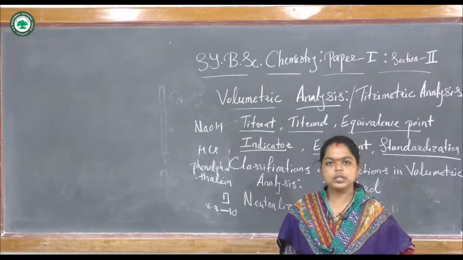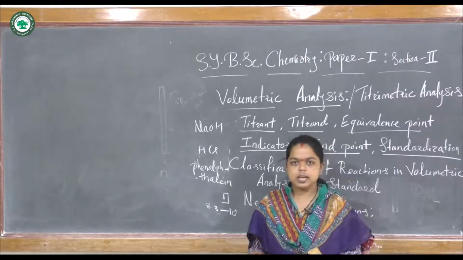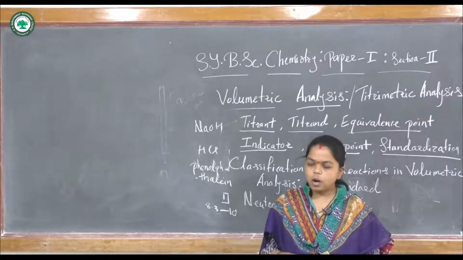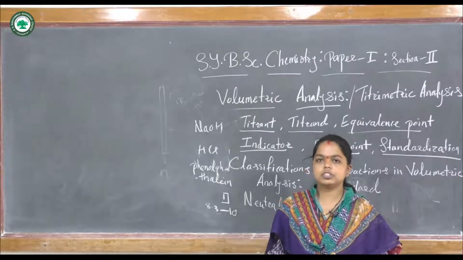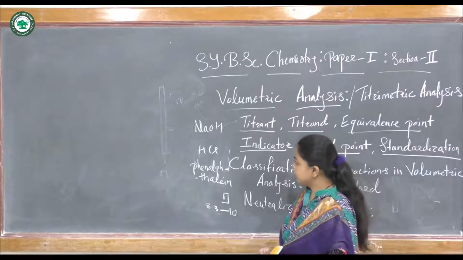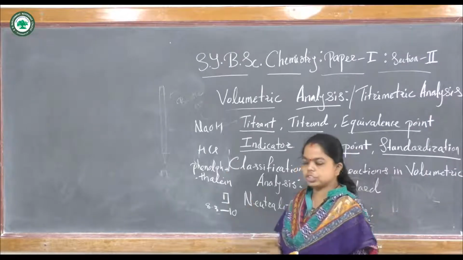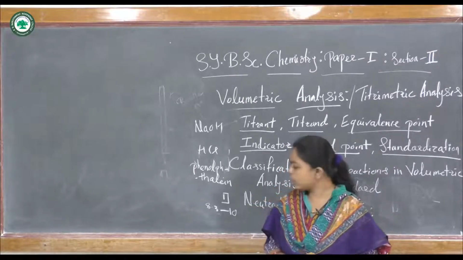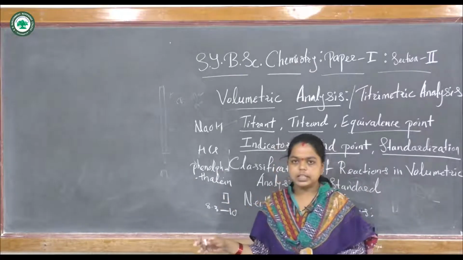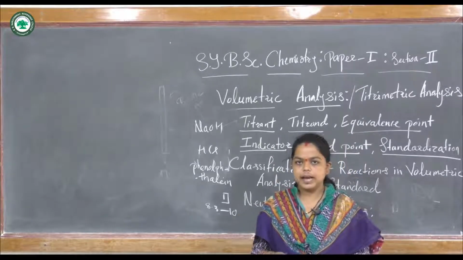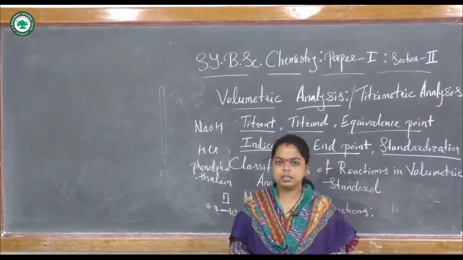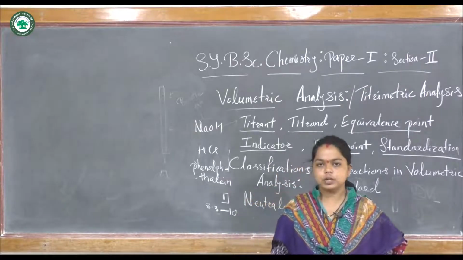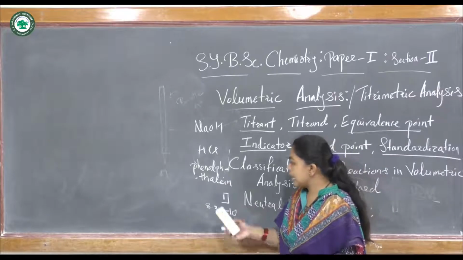We know that below pH 7 is acidic and above pH 7 is alkaline. So above pH 7, after the neutralization point, a slight amount of NaOH will give a pink colored solution, because the phenolphthalein indicator is colorless in the acidic medium and pink in the basic medium. So phenolphthalein acts as the indicator for the titration of acid and base.